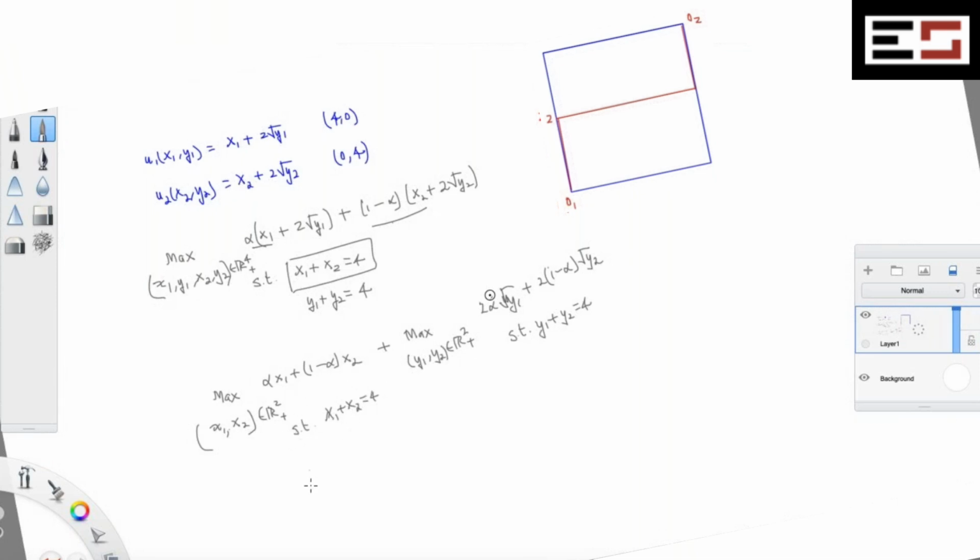Now let us start with alpha equal to half. What is x1, y1, x2, y2? It belongs to a set. Let's write the entire set for alpha equal to half.